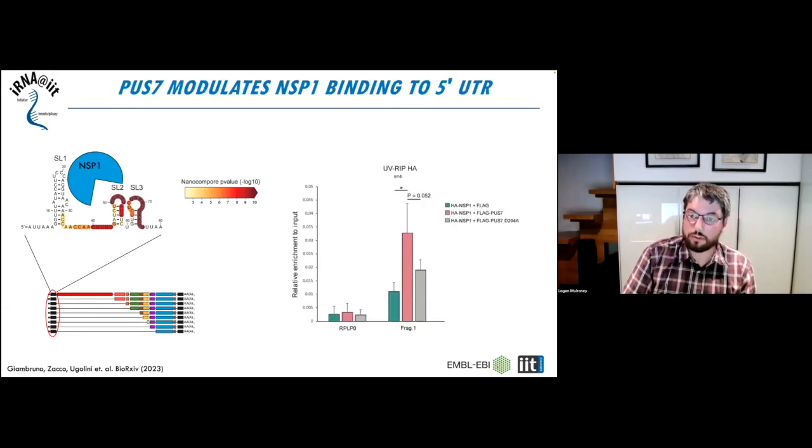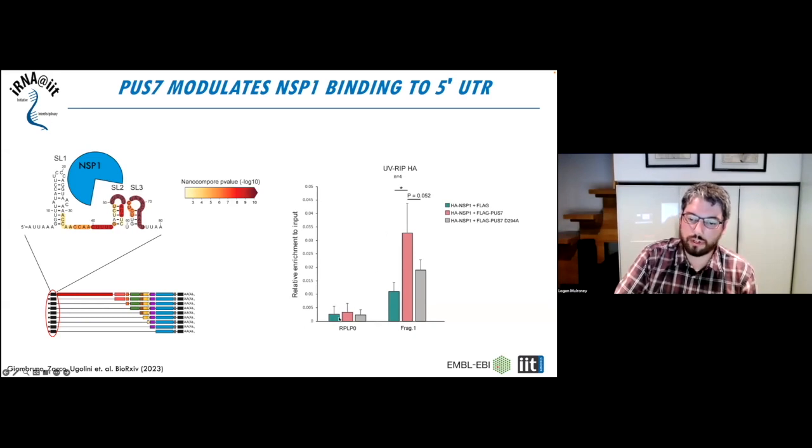And so then we did a UV RIP, which is where we cross-link the RNA to the proteins interacting with it. And then we used antibodies to pull down on the NSP1, broke the cross-link, and then made cDNA from all the RNA that was bound, and then used qPCR to quantify how much of the fragment 1 was bound to the different proteins.